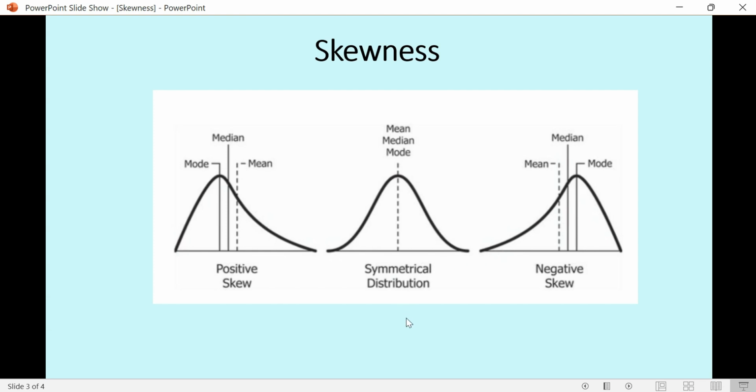So if we have confident proof that the data has positive or negative skew, sometimes we may make some transformation of the data. For example, take a log of the data or some non-linear transformation to make it look more symmetrical. So this is the idea connected with the skewness.